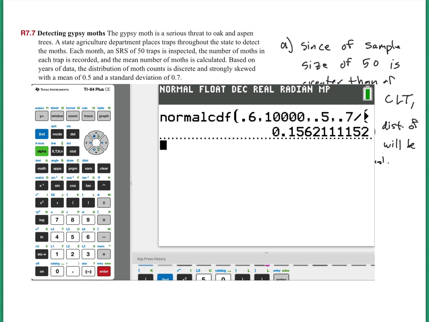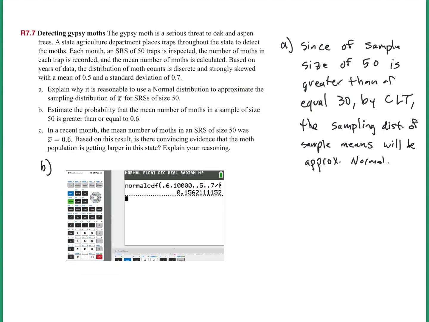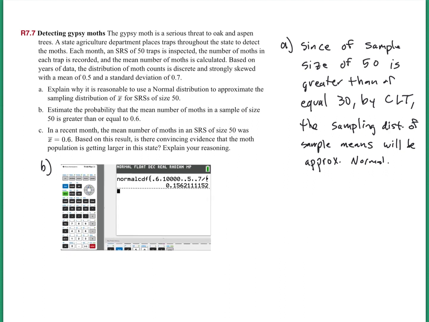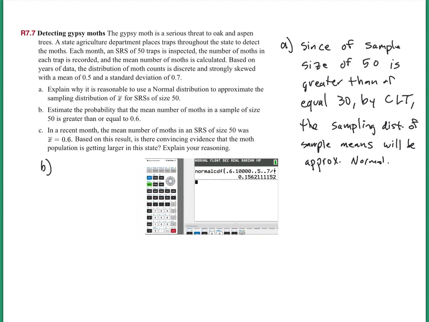So that's the probability that the mean number of moths in a sample size of 50 is greater than or equal to 0.6. We'll round it to the nearest thousandths as always, so 0.156.